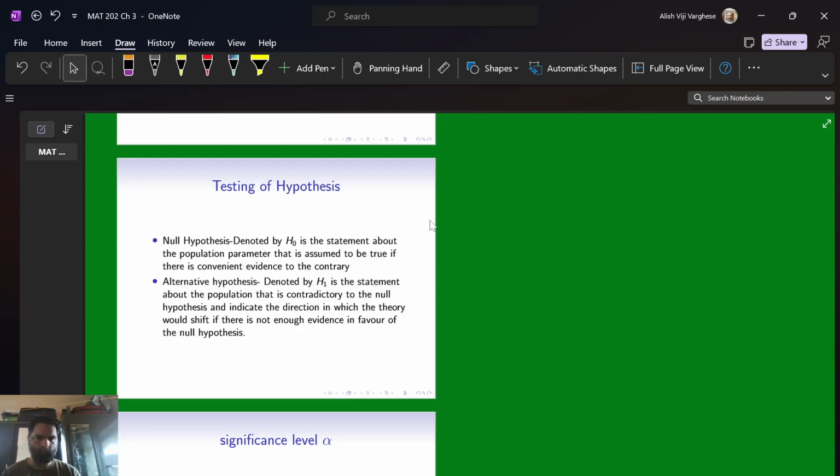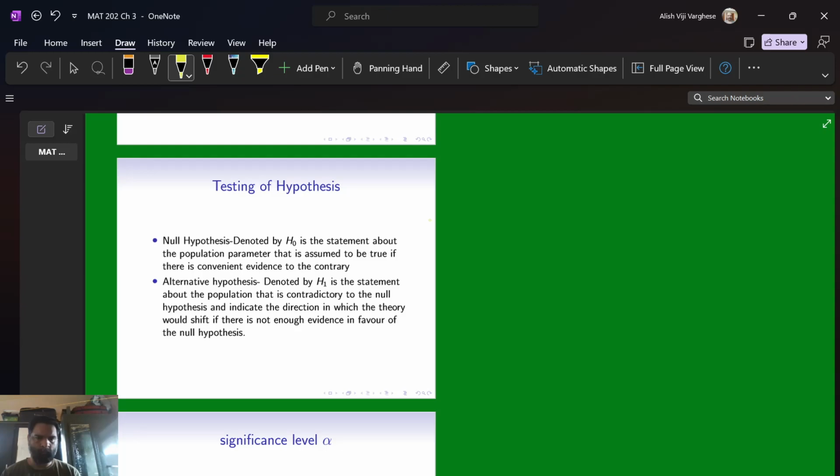So, we have a population, and we have a statement about the population. We already discussed the distribution of some sample parameters, or sampling distributions of mean and proportions. Now, here also we discuss the same kind of parameters.